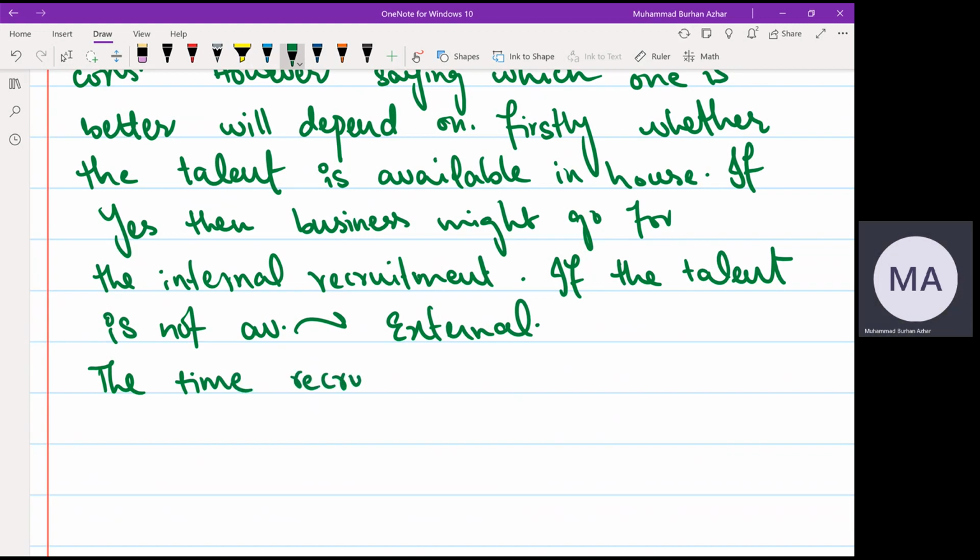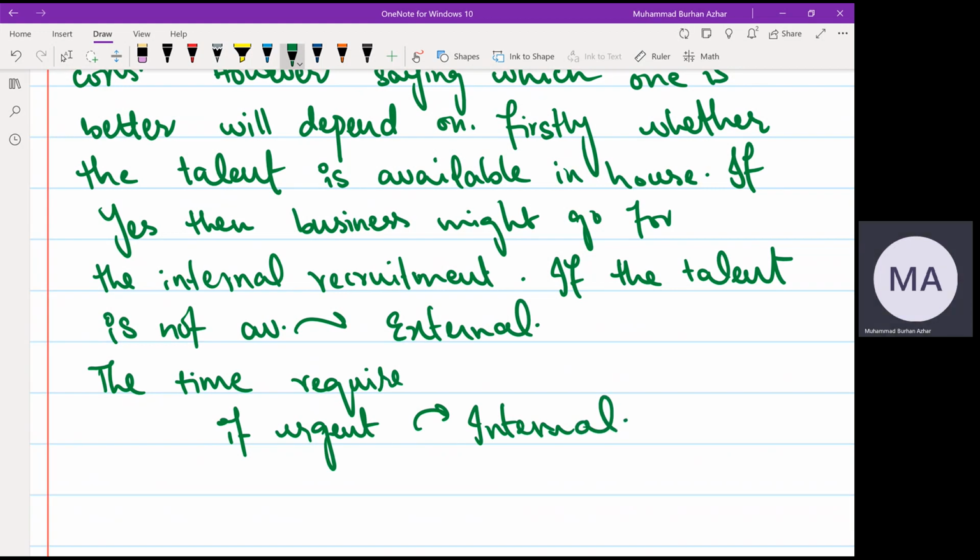ठीक है. If the recruitment is urgent, then business might recruit internally because internal recruitment is less time consuming. If the business has time or needs to make an overall cost effective decision, then business might go for external recruitment.